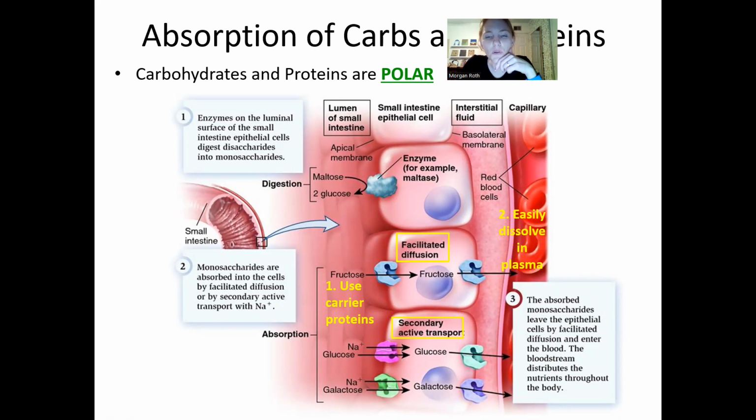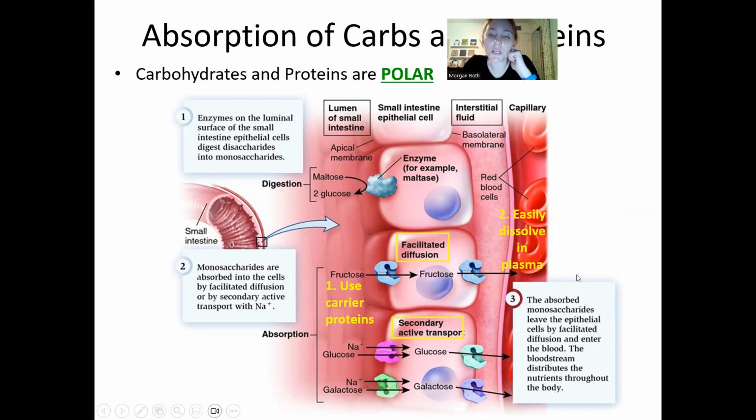Because they are polar, they need a little help. So moving those molecules through the cells lining the small intestine, they're going to use carrier proteins. They're going to use a combination of facilitated diffusion as well as some secondary active transport, right? There's co-transporters, and they're going to move through the cells.